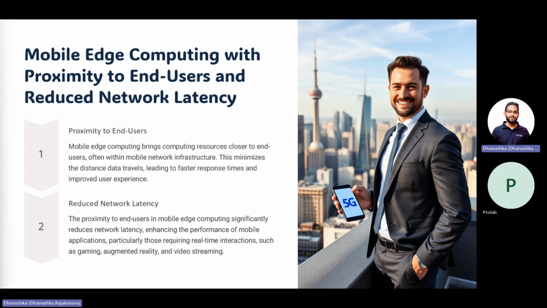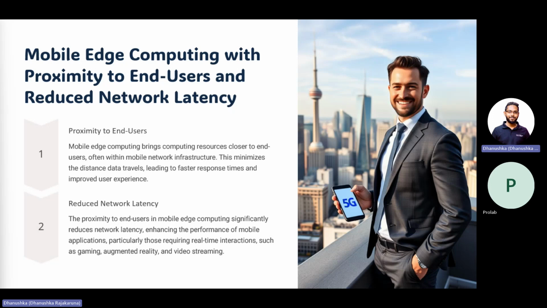With 5G widespread adoption, MEC will play a pivotal role in supporting next generation applications like smart factories, connected healthcare, and integrated transportation systems. Then AI, machine learning integrated with cloud, IoT expansions.